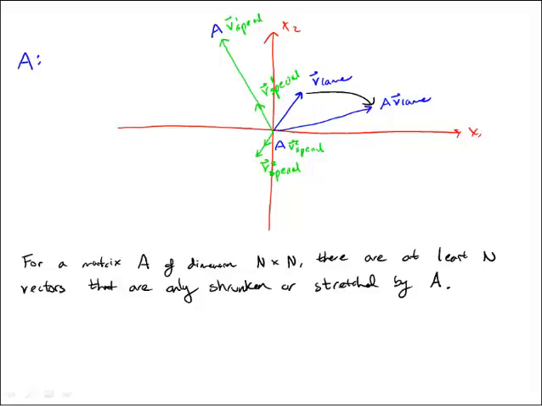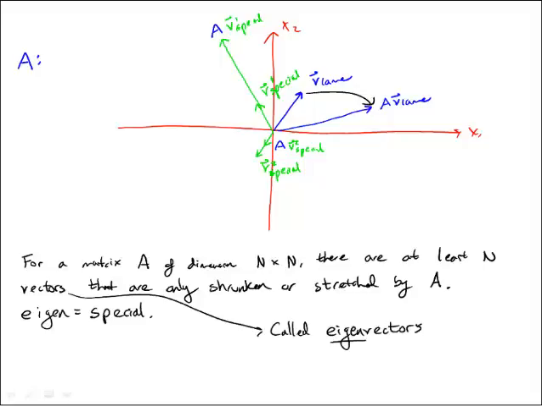It does not rotate them. And so these are our special vectors. And you know what? In German, the word for special is eigen, or something like that. So these are called eigenvectors.